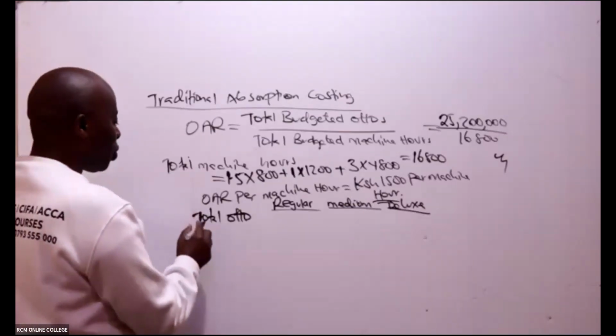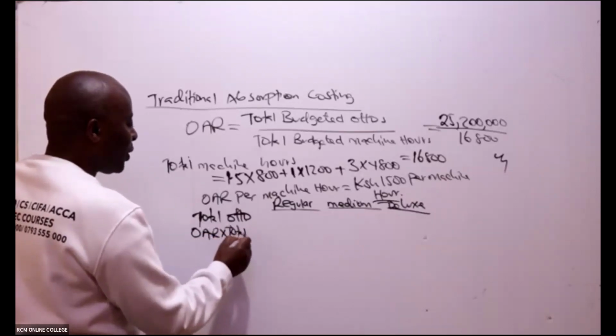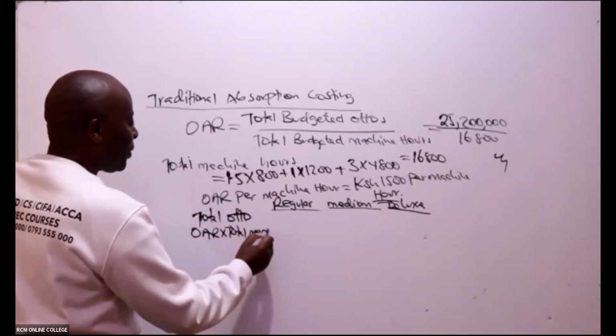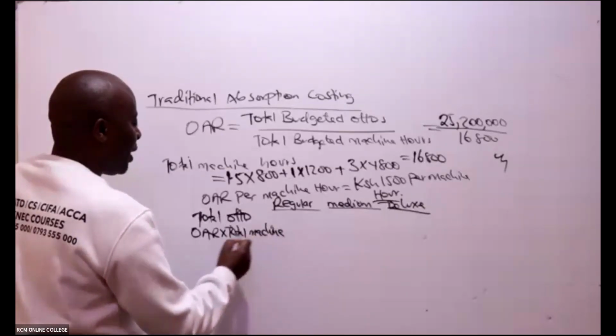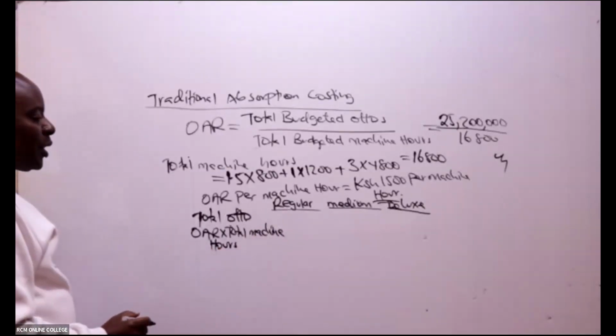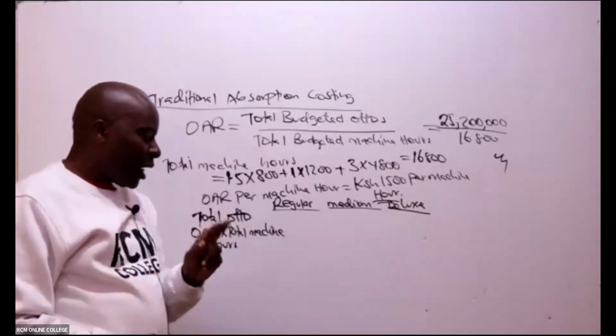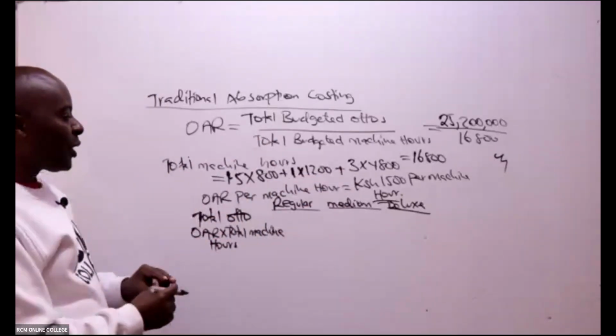So how do we get these total overheads? It will be OAR times total machine hours, because the overhead absorption rate here is per machine hour. So we start with regular.